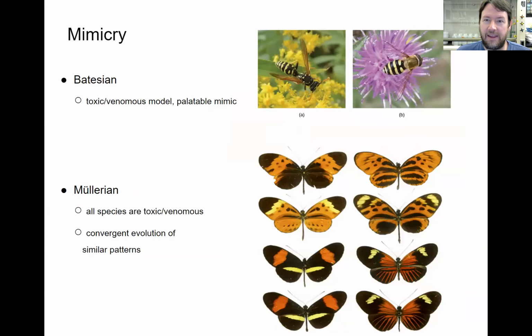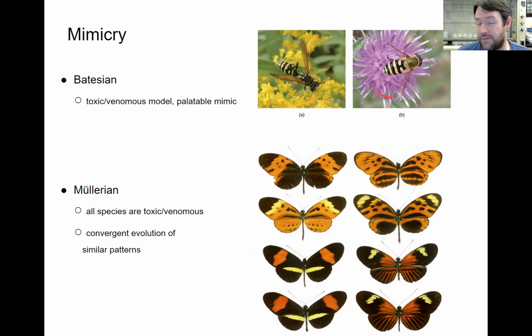Okay. Well, it turns out advertising is useful, right? And sometimes false advertising is useful. Sometimes there are mimics. So here we have a yellow jacket, right? And here we have, I think this is actually a syrphid fly.